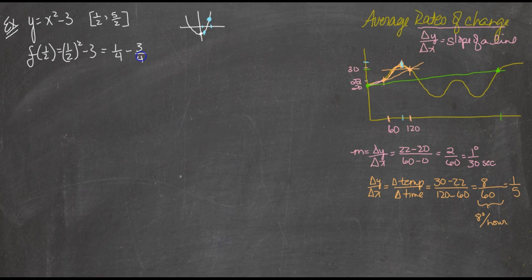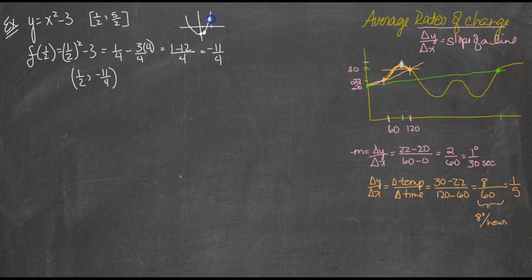So if I multiply the 4 in the denominator, 4 in the numerator, I get 1 minus 12 over 4. So that's negative 11/4. I know, you're thinking that's a totally ugly number, but I'm thinking there's nothing wrong with that number. All I've done is found that I have a coordinate. My first point, the coordinate that I'm going to check, is 1/2 on the x-axis, negative 11/4 on the y-axis.